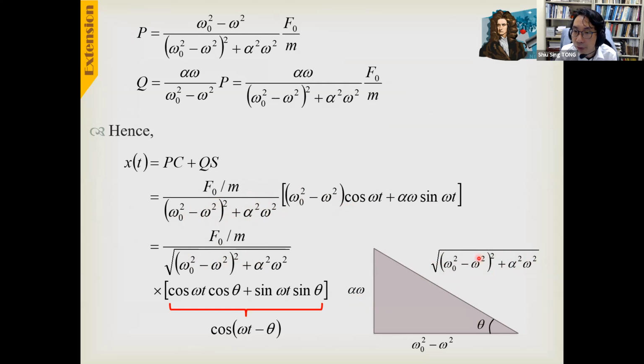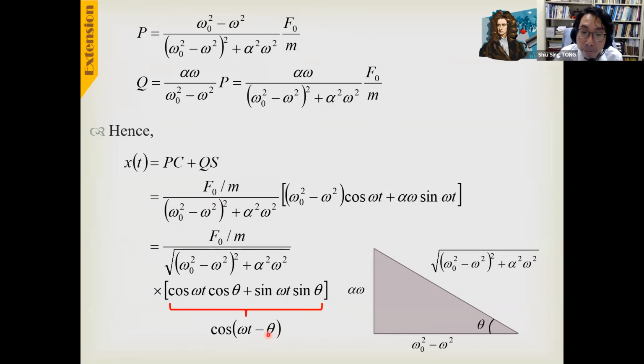So when I extract this factor out, it cancels a square root, leaving a square root of this at the denominator. And inside the square bracket, I now have cosine omega t cosine theta plus sine omega t sine theta. But that by compound angle formula is exactly cosine of omega t minus theta.